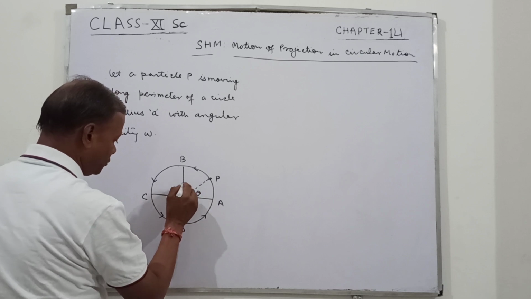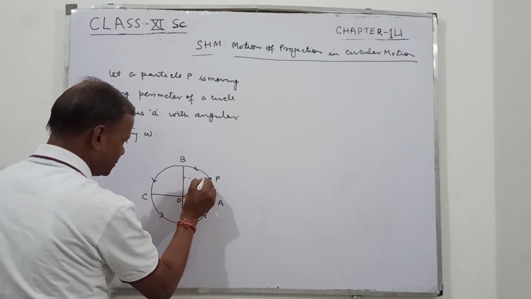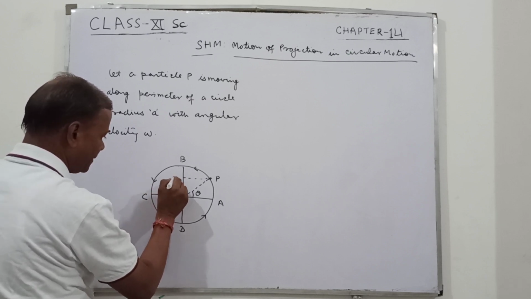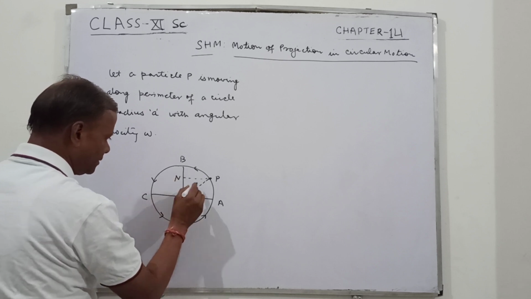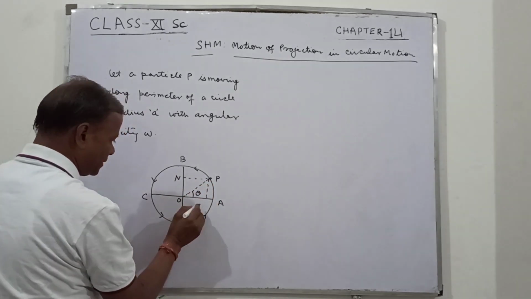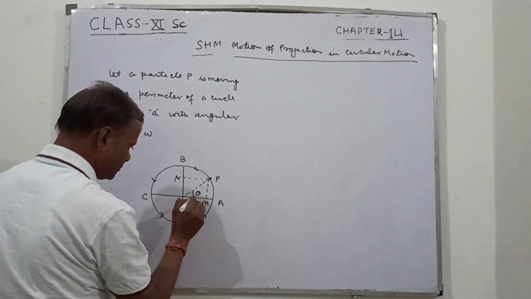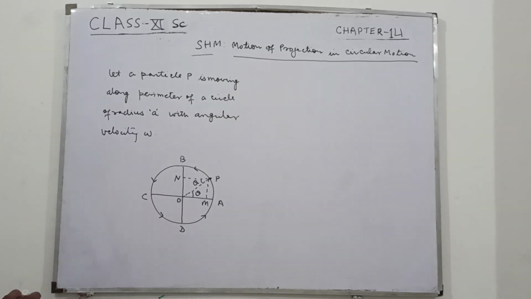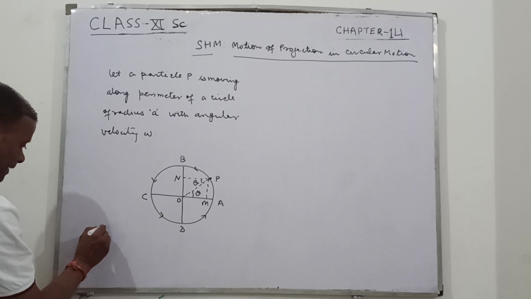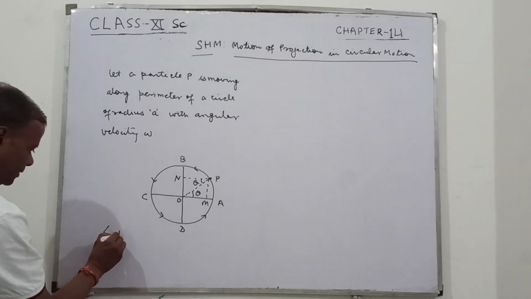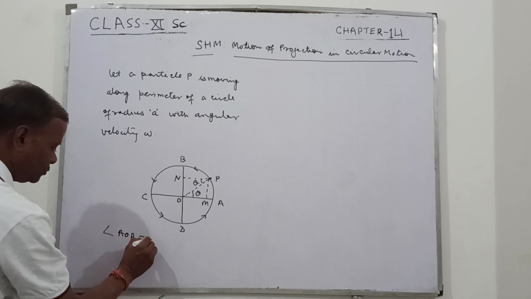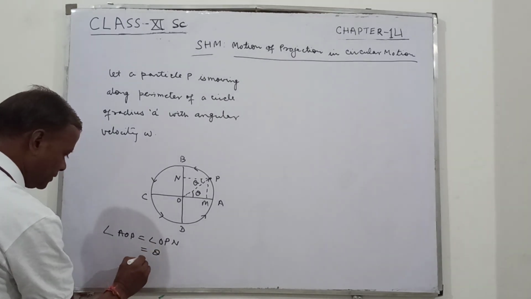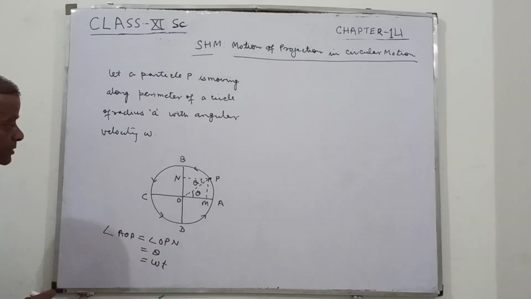The projection of P on the BD diameter is, suppose, N, and on the AC diameter is M. So this angle is also theta. Angle AOP equals angle OPN equals theta, and this is equal to omega t by definition.